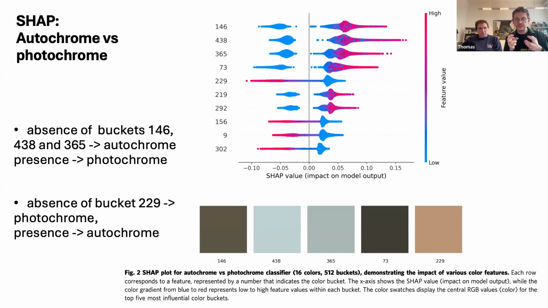that the media themselves, because they were made in a different way, perhaps couldn't produce exactly the same colors. For the photochrome printing process, it might have been difficult to create the colors in buckets 146, 438, and 365, the top three, while the autochrome struggled with bucket 229. So it's the inverse of the same thing.